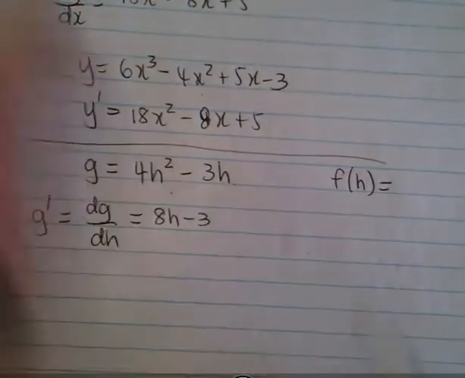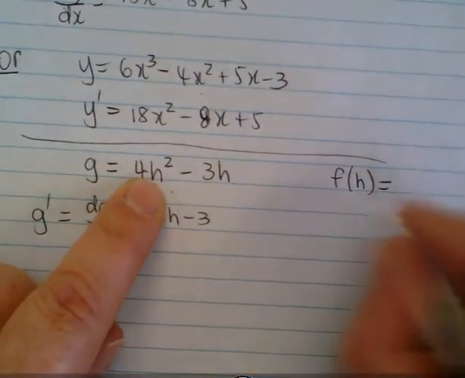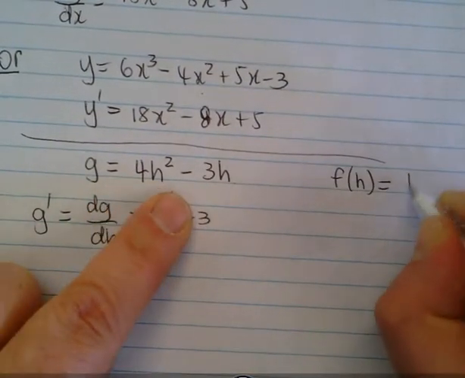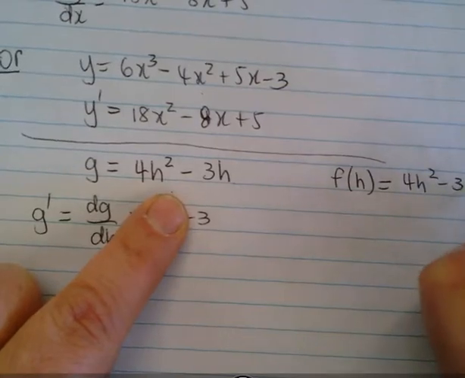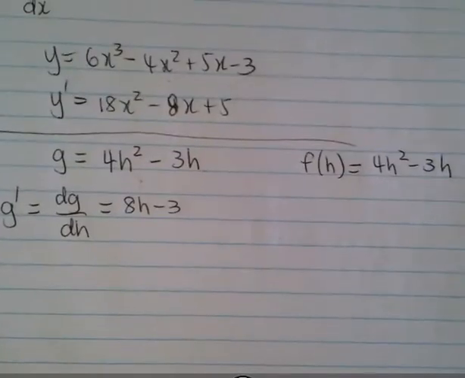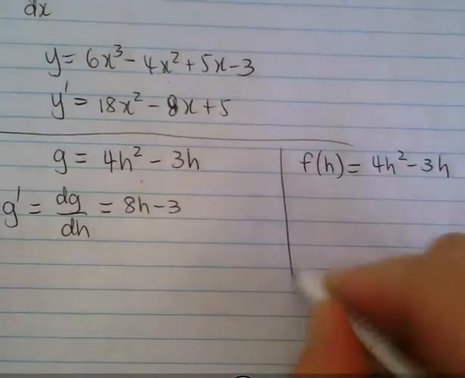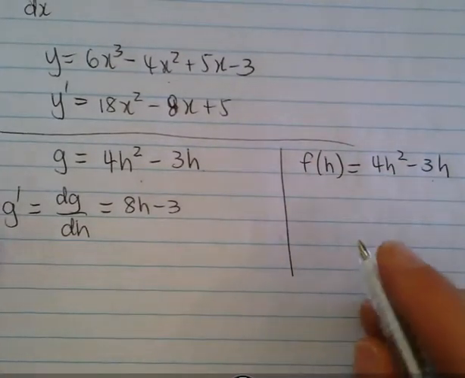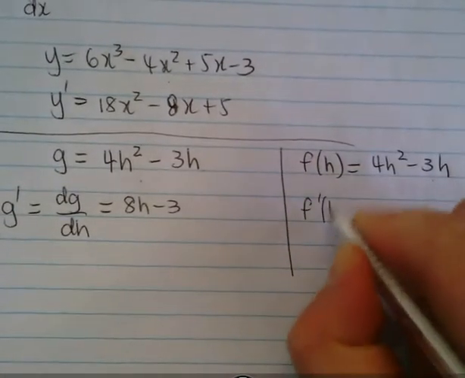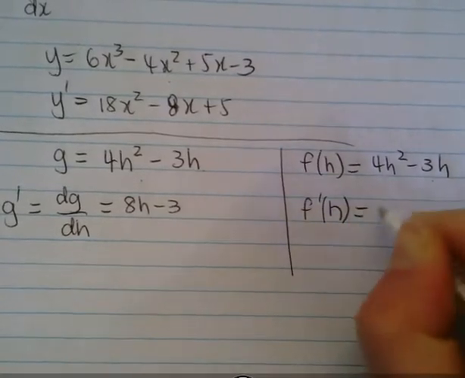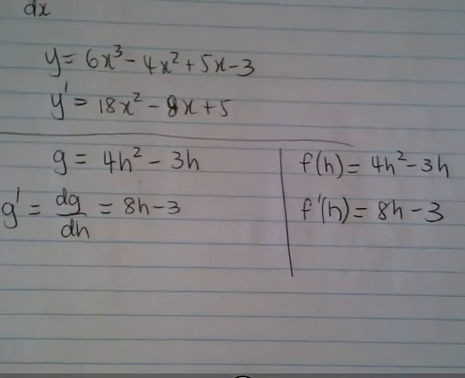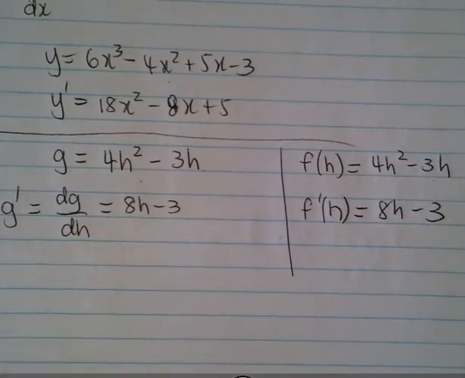Or this obviously is a function in h. I could start the question as function of h is 4h squared minus 3h. So how would I write that derivative? If the question's given like that, what do I do? f dashed h is 8h minus 3. Okay? So that's notation.